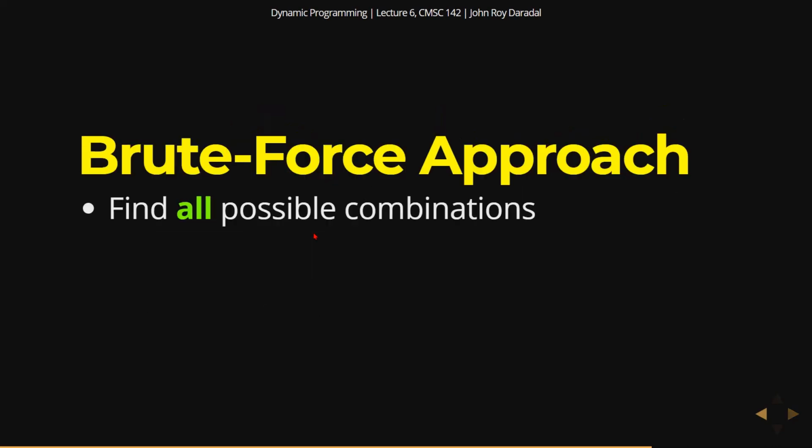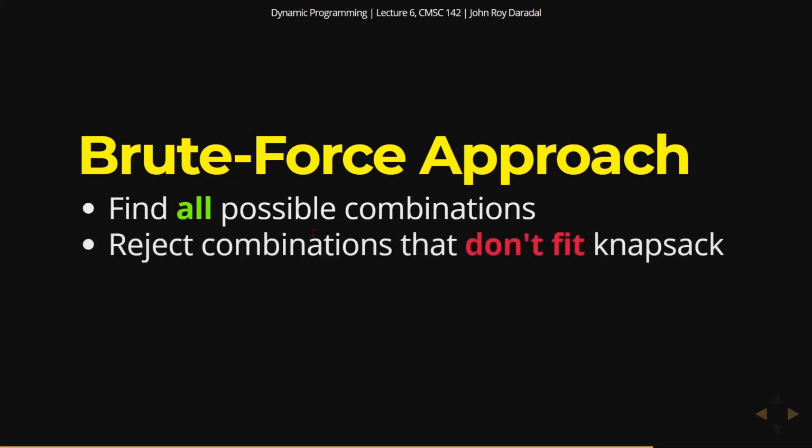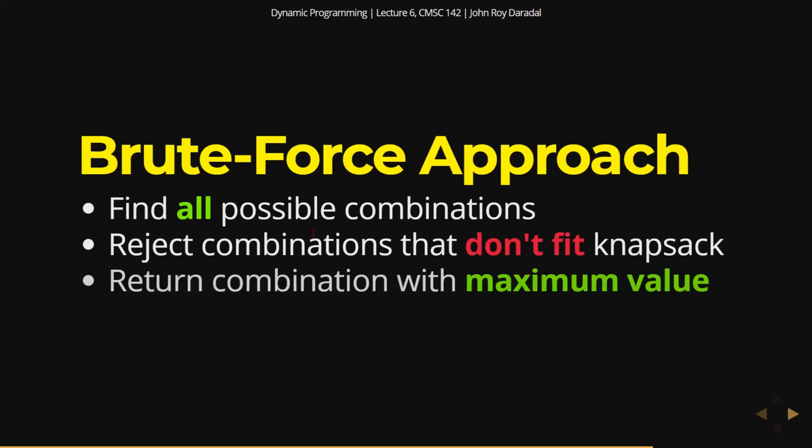So if we take all possible combinations, that would take too many combinations, right? But if we try to do that, then we will reject the combinations that don't fit the knapsack, so the combinations of items that exceed the capacity, and then we'll just return the combination with maximum value. So seems easy enough, but the problem here is that there are just way too many possible combinations.